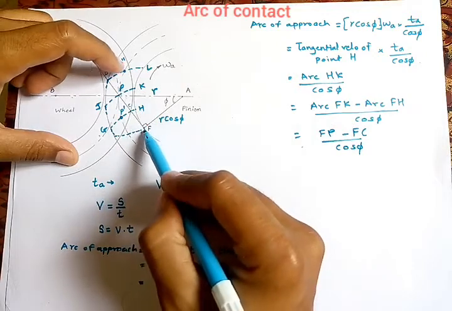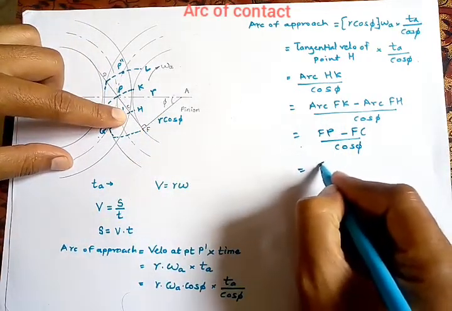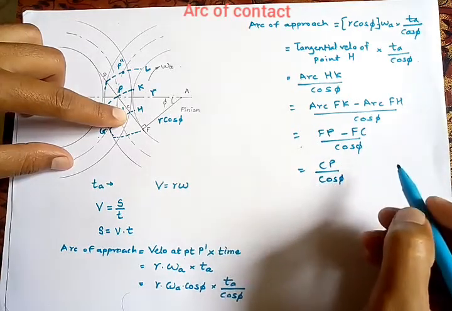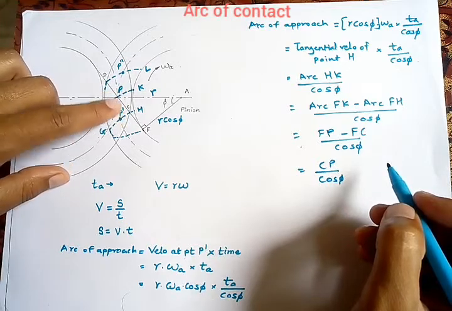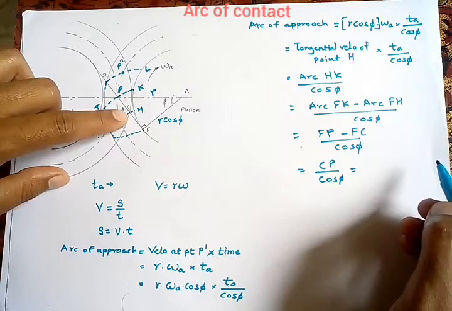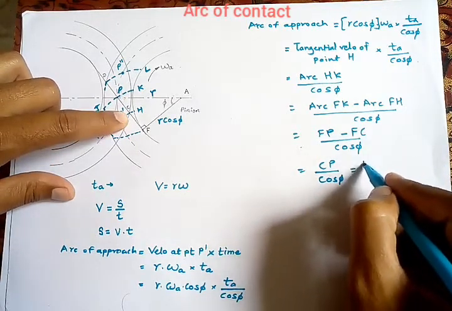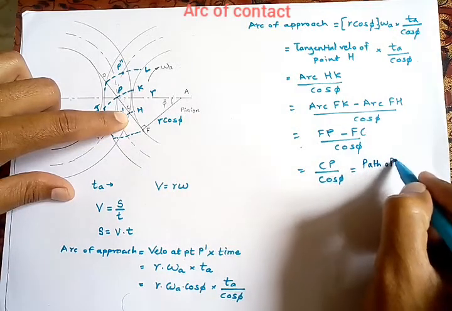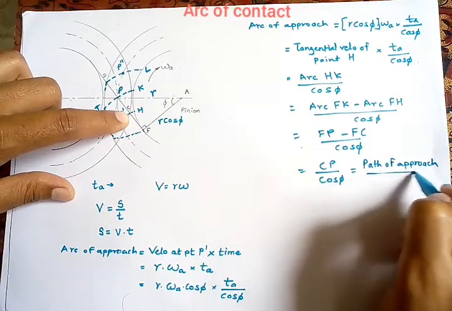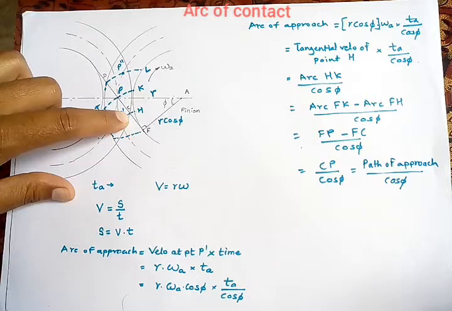So what is FP minus FC? It is the distance CP divided by cos phi. So what is distance CP? As we have discussed in the previous session, distance CP is nothing but the path of approach. So path of approach upon cos phi is nothing but the arc of approach.